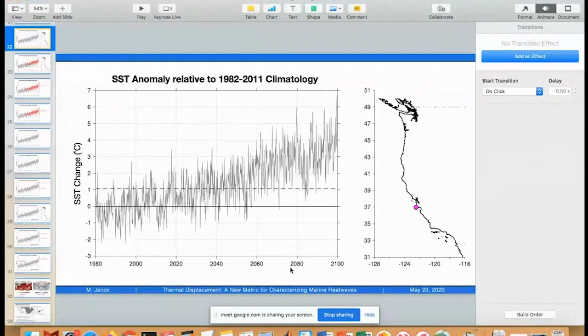And so we're trying to figure out ways to smooth through that. But in order to understand marine heat waves going forward, you almost have to assume what the climatology is going to look like going forward. And that can be challenging in certain regions which do not vary smoothly.